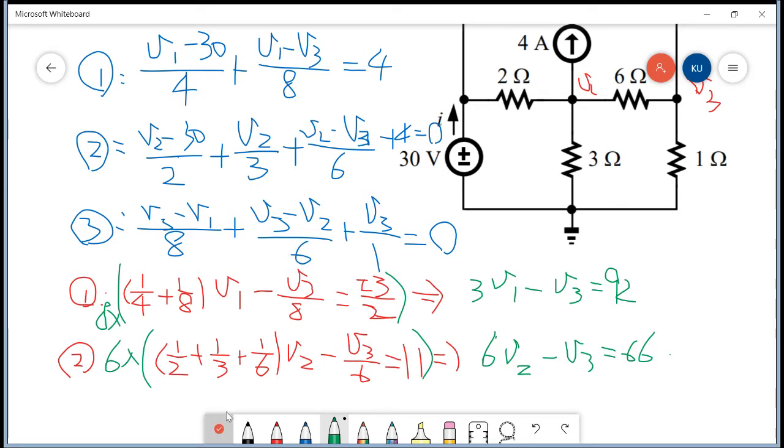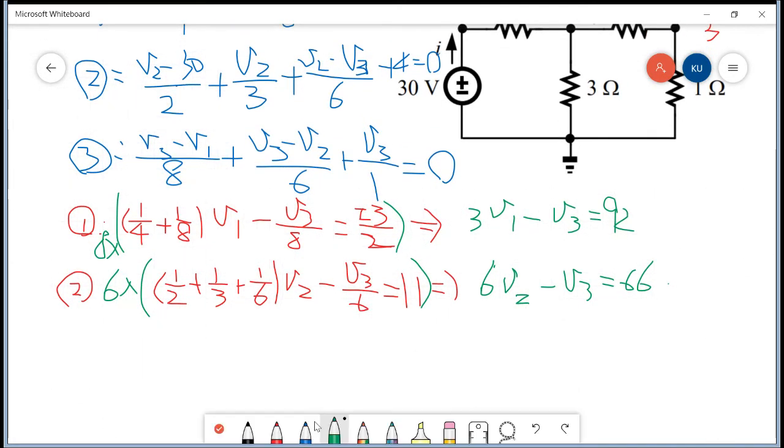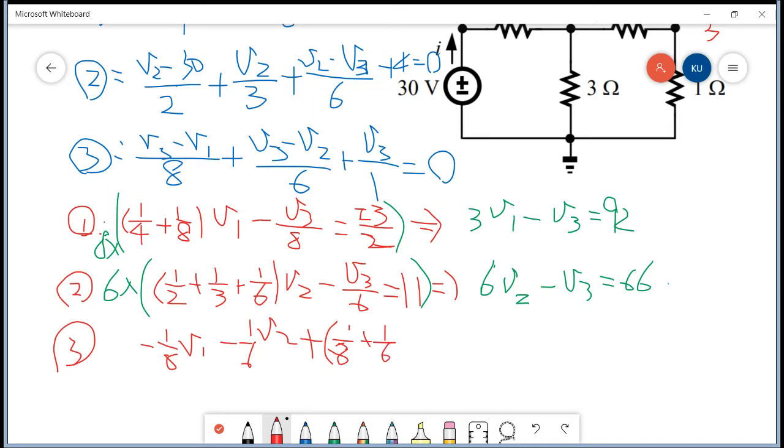And then for the third one, we have minus 1/8 V1 minus 1/6 V2 plus (1/8 plus 1/6 plus 1) V3 equals 0.